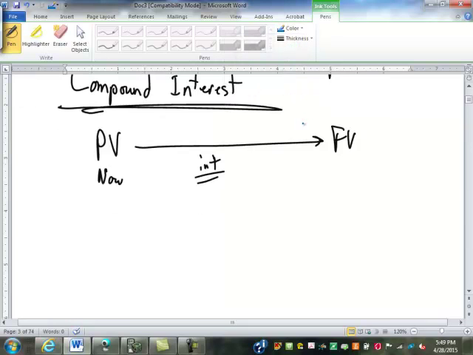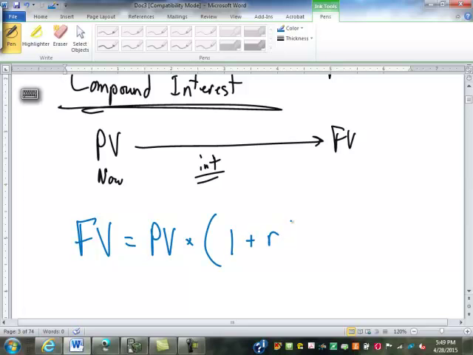If you want to calculate the future value, the future value is equal to the present value times, parentheses, 1 plus your interest divided by the number of periods in a year, to the power of n times t, the total number of periods in the investment.